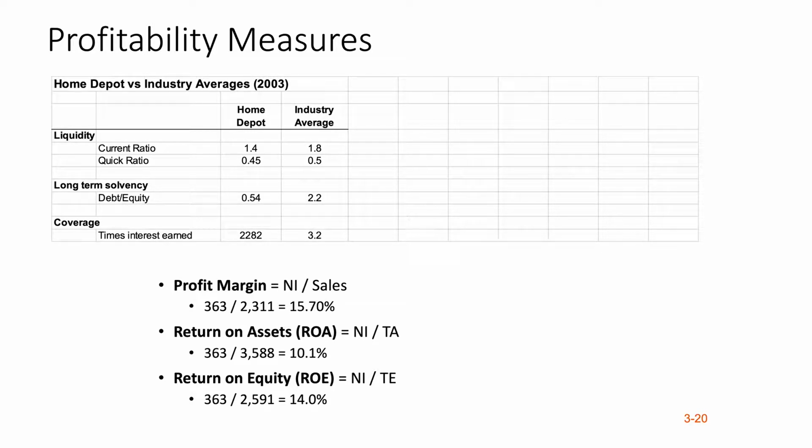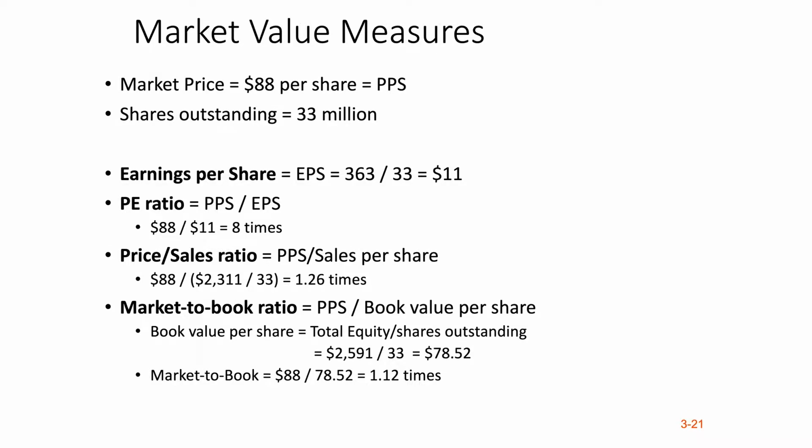Right. Now, the last measurement is market value. As we say, book value is usually a historical record. It's very conservative, right? But market value, every day, can be very volatile, up and down. This company's current stock price is $88 per share, with 33 million shares outstanding.